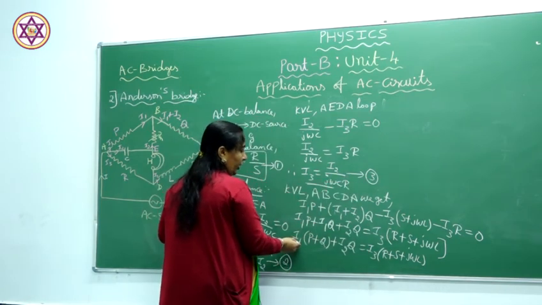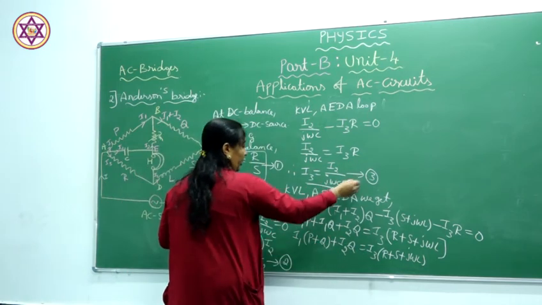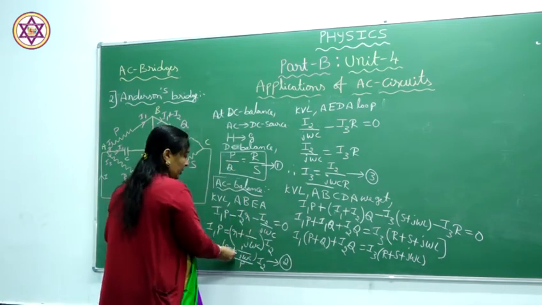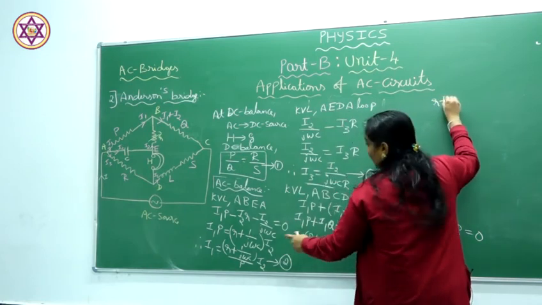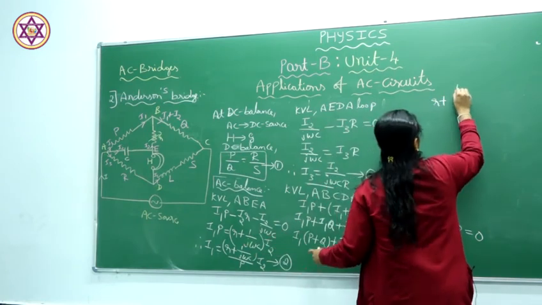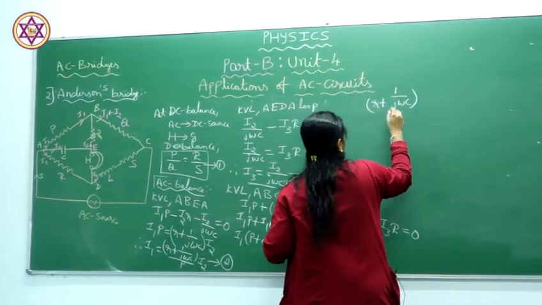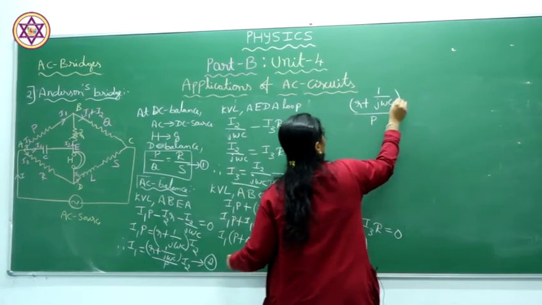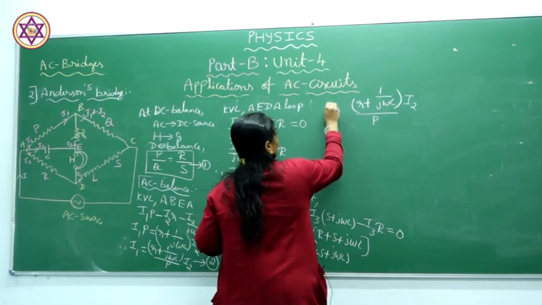Substitute for the value of I1, I3 using equation 2 and 3, we get, what is I1? R plus 1 by j omega C whole divided by P into I2. So this is I1.